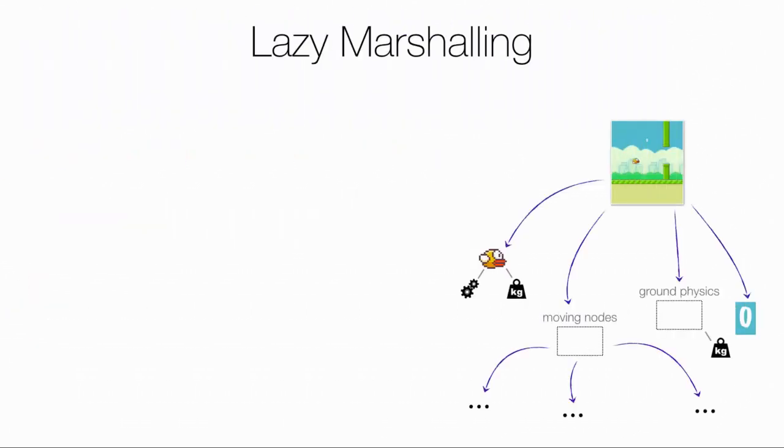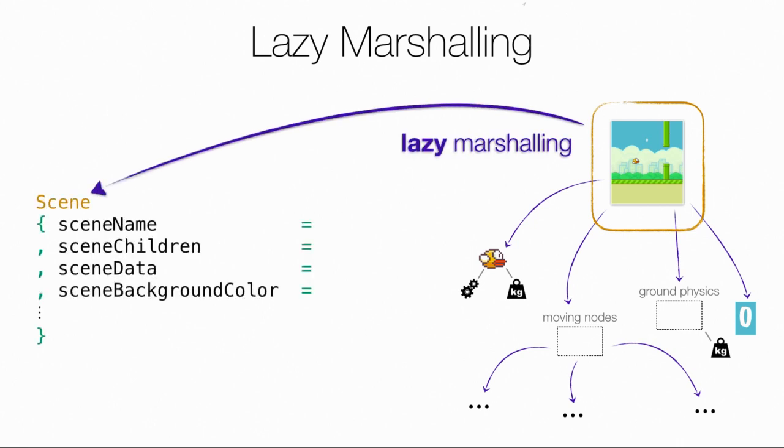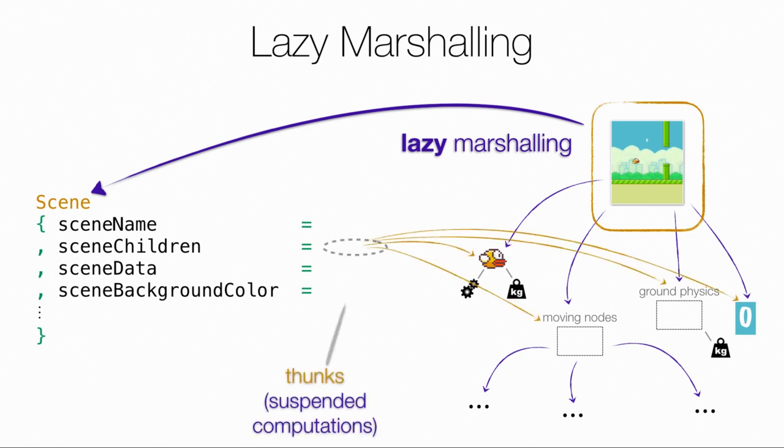All right, so we've got this tree. Lazily marshalling means we only marshal what we actually consume. So first of all, we just take the first topmost node. We marshal this into a Haskell value. And then we don't want to touch its children. Instead, we are going to put a thunk here, which is a suspended, not evaluated computation. That's the whole point of laziness, operationally speaking.